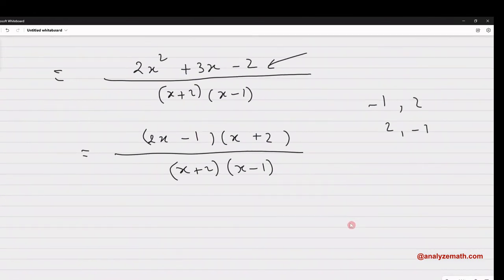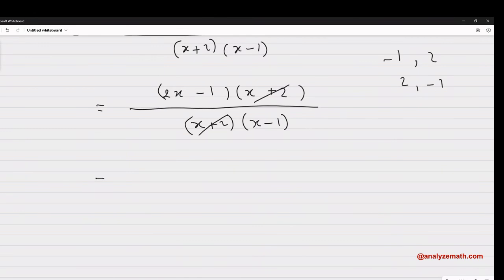And we can see that there is a common factor in the numerator and denominator that we can divide by, or simplify, or cancel. And then at the end, we end up with 2x minus 1 over x minus 1. And it cannot be simplified any further than this.